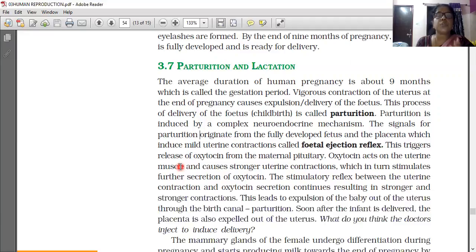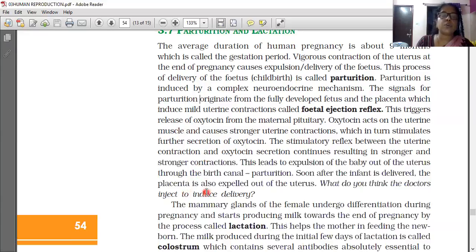Soon after the infant is delivered, the placenta is also expelled out of the uterus, because there is no use of the placenta once the baby is out.